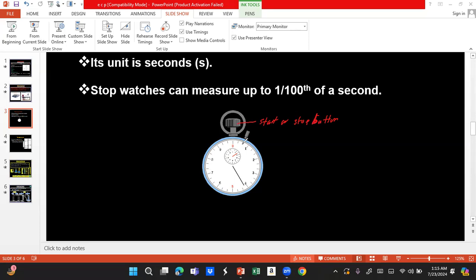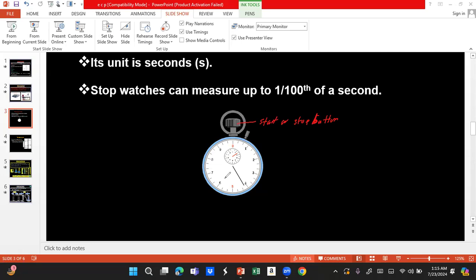Then you will start measuring. Then count the minutes and seconds. After that, you will add them, and that will be the required reading of the time measured for a reaction to take place.